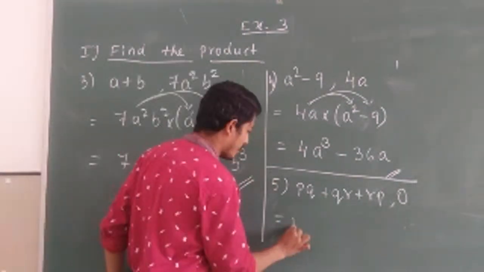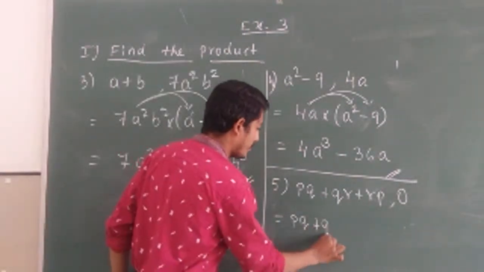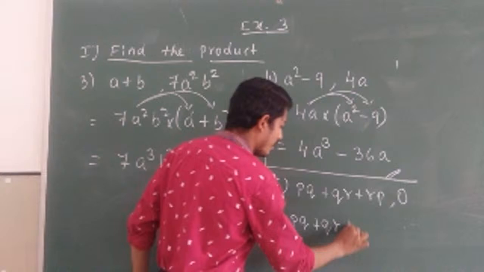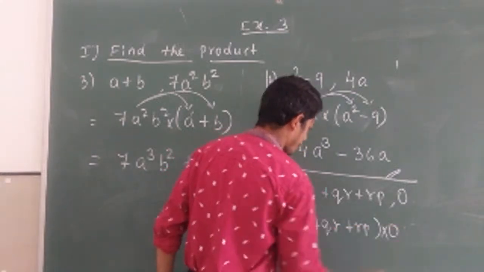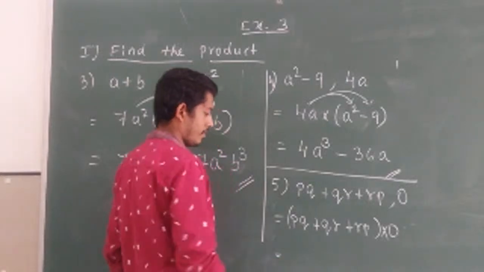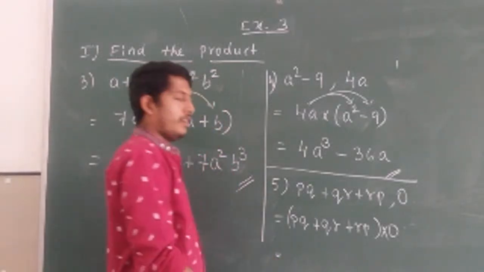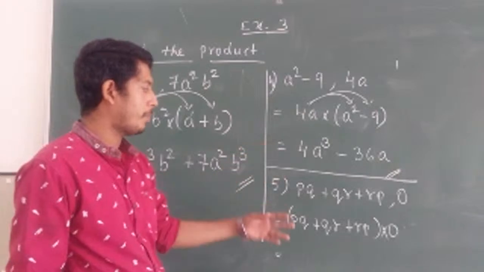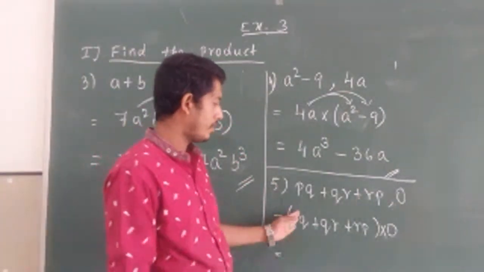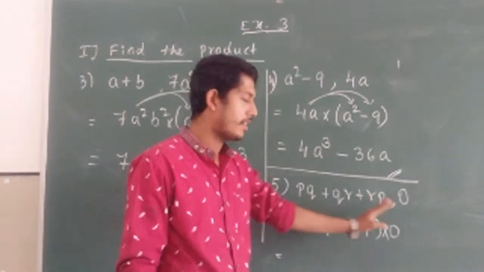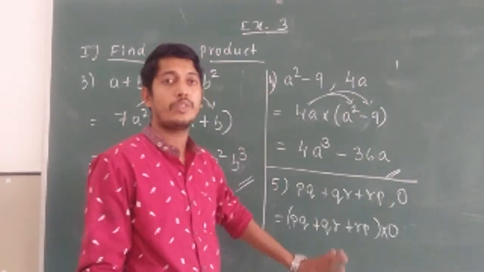First, pq plus qr plus rp into z. So here we have to multiply these terms. That means first term into 0, then second term into 0, and third term into 0. Along with the sign we have to cancel.